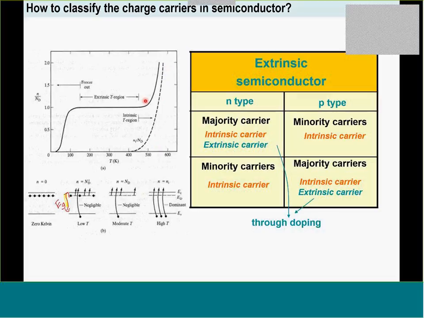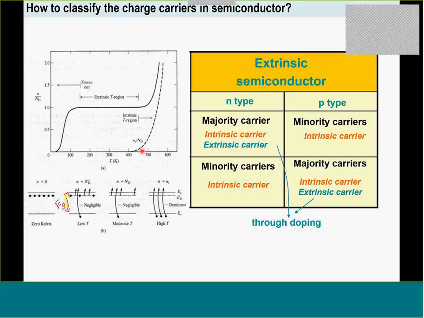So at high temperature, it's the intrinsic carriers that dominate. From here you can see that at high temperature, our extrinsic semiconductor is no longer extrinsic, because whether it's extrinsic or intrinsic depends on the amount of the charge carriers.